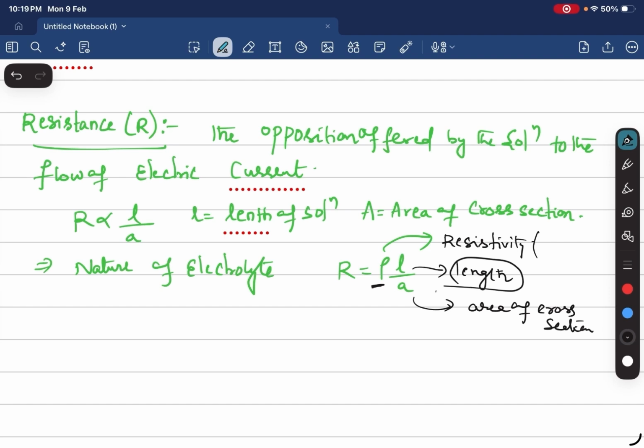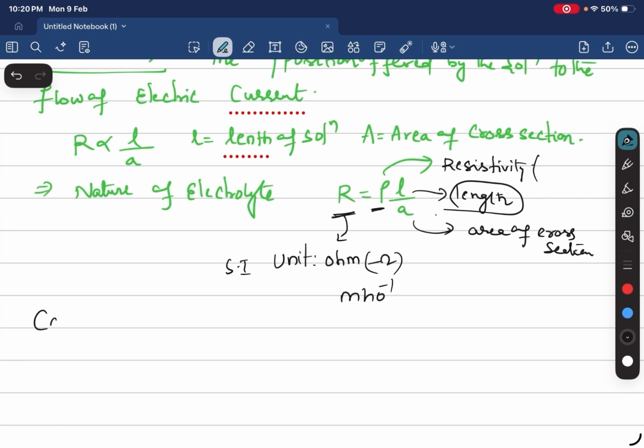So R is nothing but resistance. The SI unit of resistance is ohm. This we can indicate like this. The other unit is mho inverse. And coming to the next, second term, conductance, indicated with capital G, which is the reciprocal of resistance.